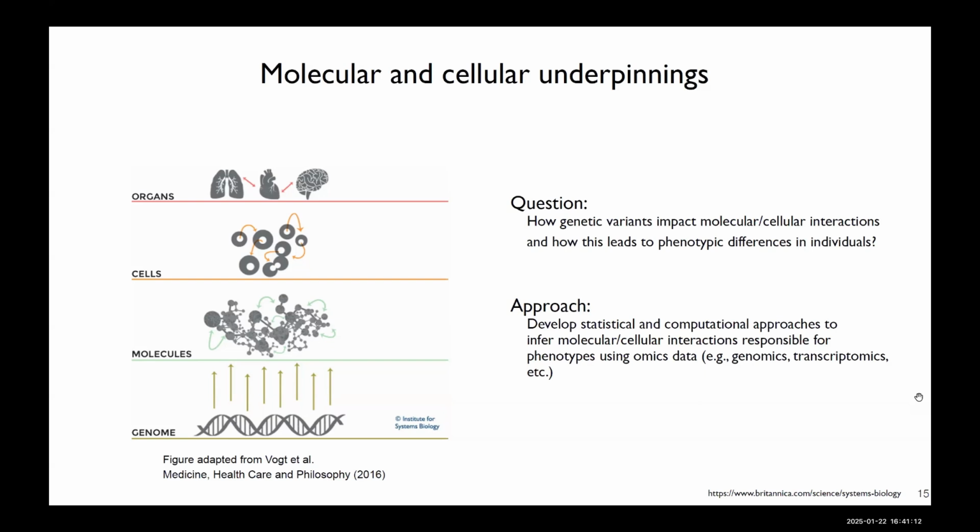This information can be used to study how individuals with certain diseases and healthy individuals are different from each other. And to study these, we need to develop accompanying statistical and computational methods to discover what the cellular or molecular interaction profile is that's responsible for human health and disease.